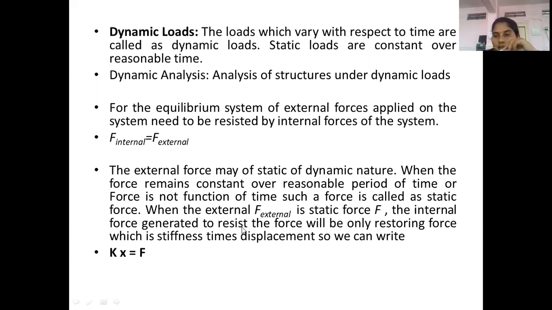After that, which type of forces will be produced in the system? Those are the internal forces when external forces are applied on the system.